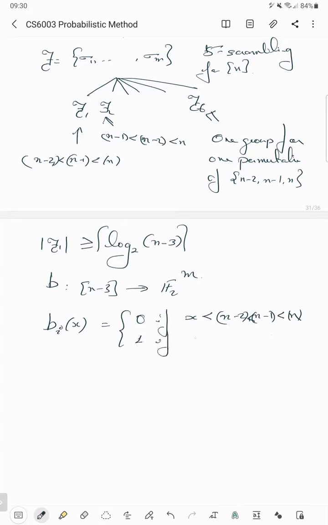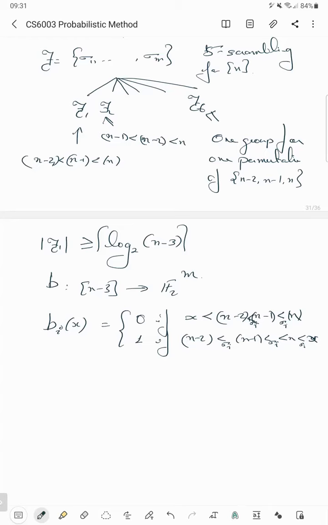And 1 if n minus 2 is in this. Okay, these orderings are sigma i's. Sigma i, n minus 1, sigma i, n less than x. So this will just prove that F1 is less than x.